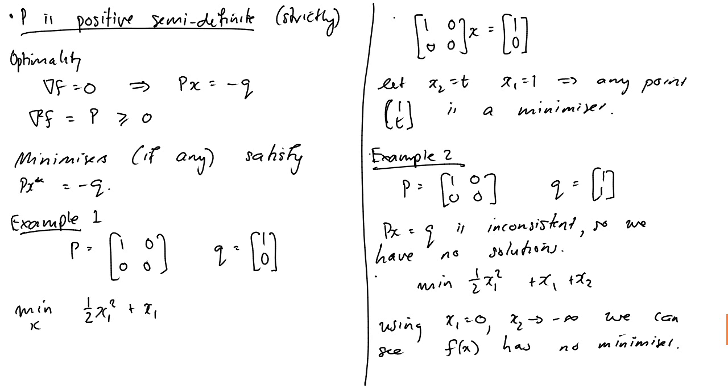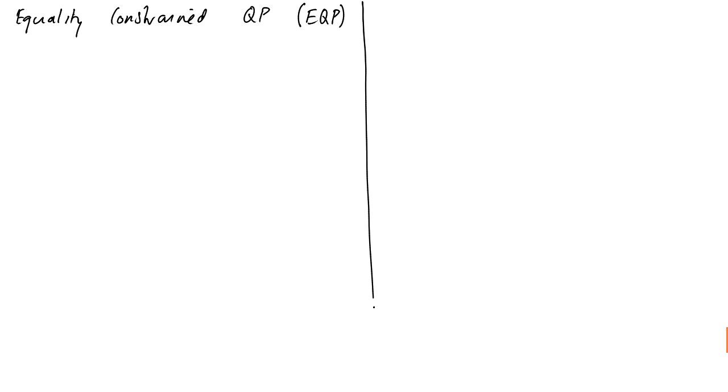So we're going to move on to the next step of difficulty up, and that is equality constrained quadratic programs. Okay, so I always talk about quadratic programs as QP, likewise quadratic programming, and the equality constrained case we call EQP for short, because I don't want to write equality constrained quadratic programming down all the time.